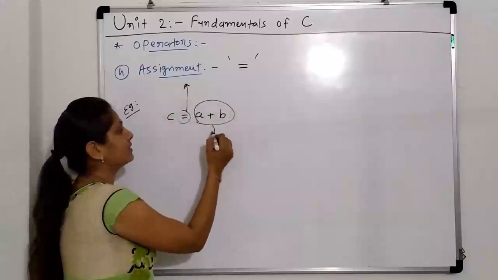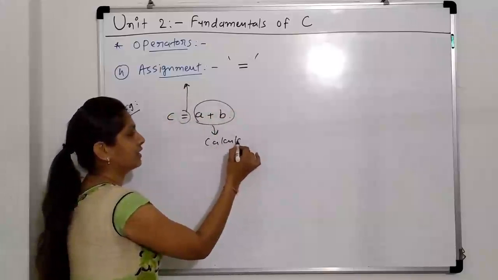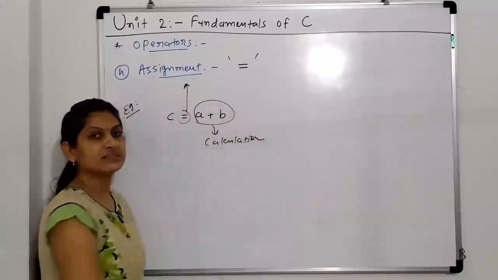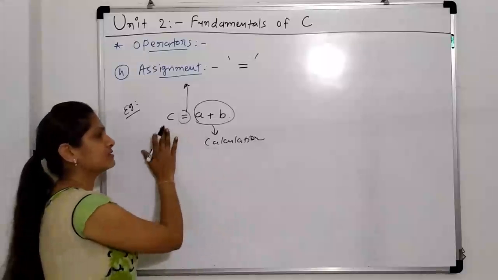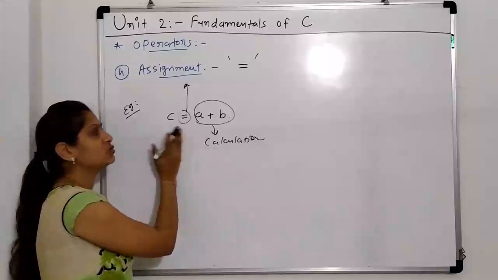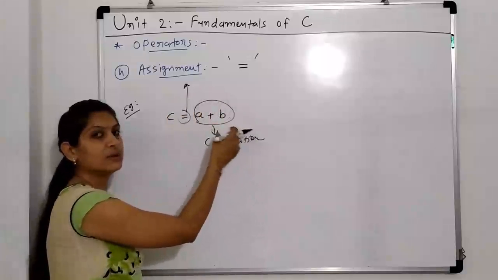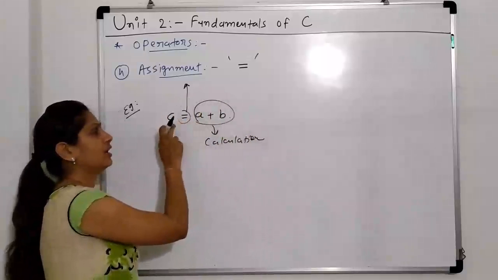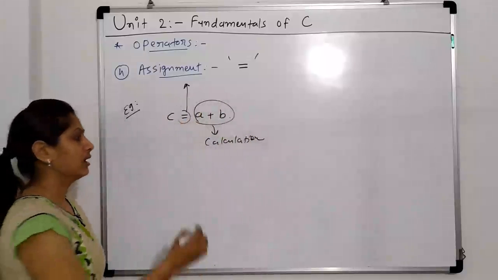Always on the right hand side the calculation, the formula is there, and on the left hand side the variable in which we are storing the value of that particular calculation.